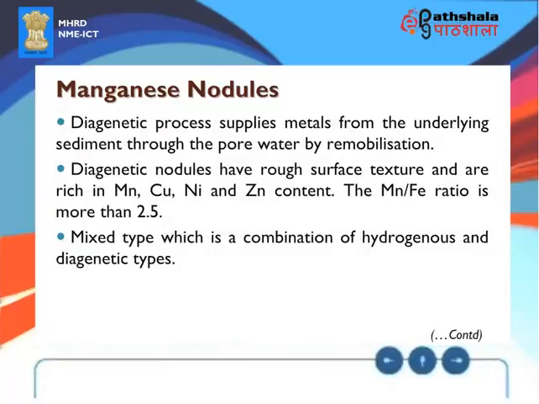Diagenetic process supplies metals from the underlying sediment through the pore water by remobilization. Diagenetic nodules have rough surface texture and are rich in manganese, copper, nickel, and zinc content. The manganese-iron ratio is more than 2.5. Mixed type is a combination of hydrogenous and diagenetic types.